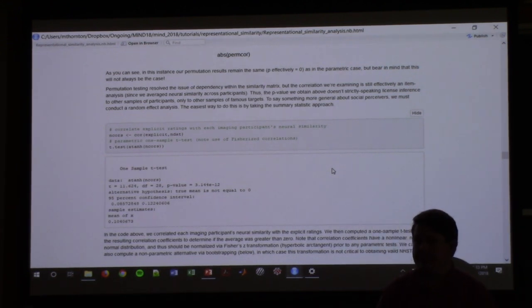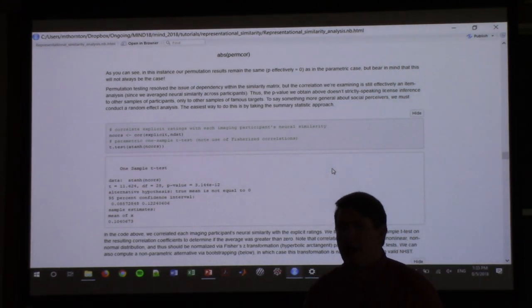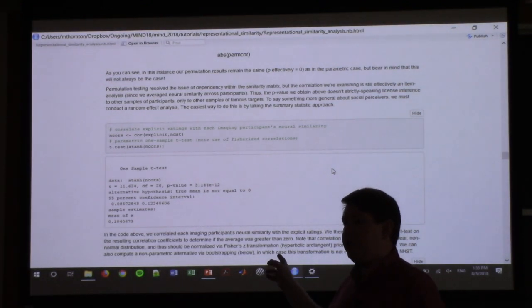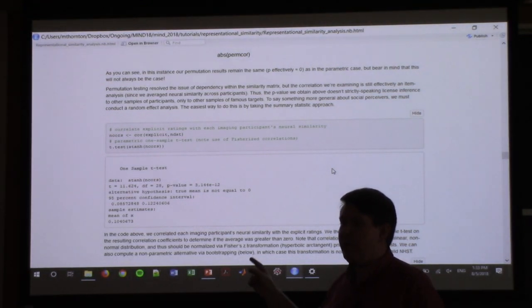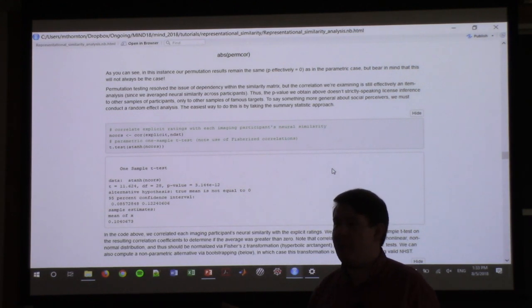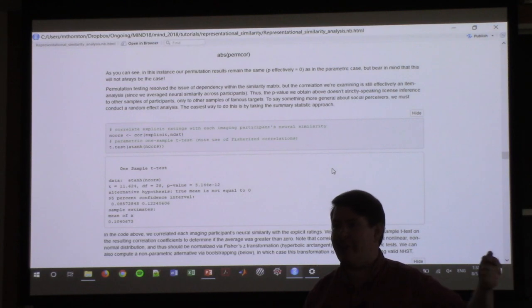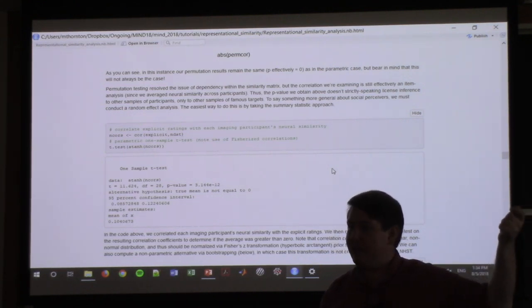Yes. So this is effectively equivalent to a summary statistic approach to random effects, which is what we do most of the time when we're doing statistical parametric mappings in whole brain analyses. So it has at least some promise that it generalizes across participants, like you can make an inference to the population of participants.